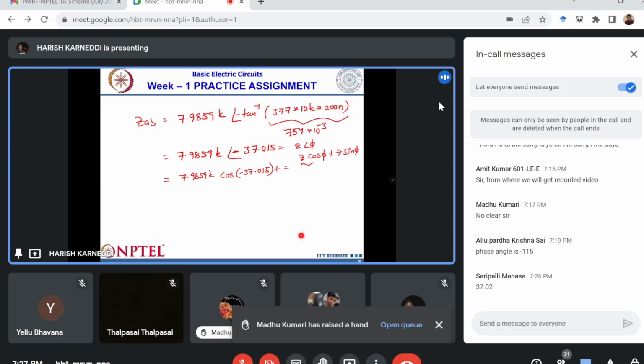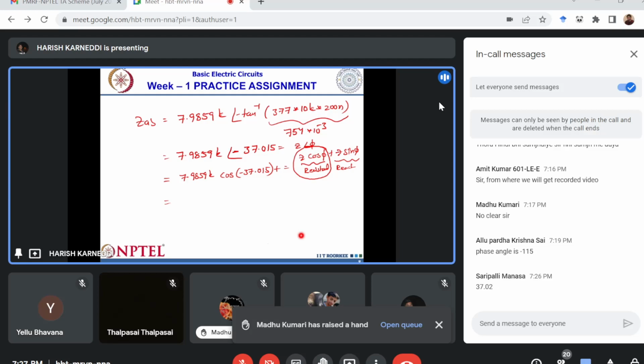This Z cos phi is the resistance component and the Z sin phi is the reactance component. So in the question he asked about active power. The responsible component for the active power is only the resistance component. So I'm interested in the resistance component only.